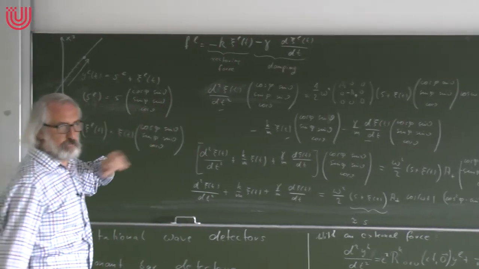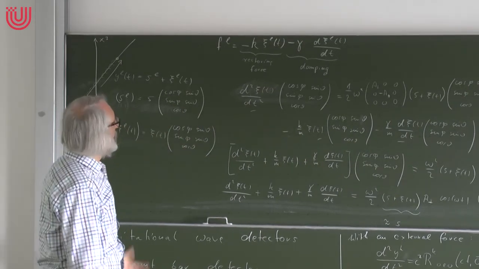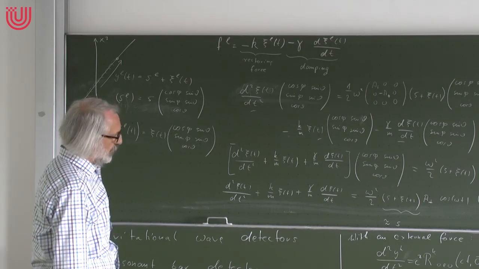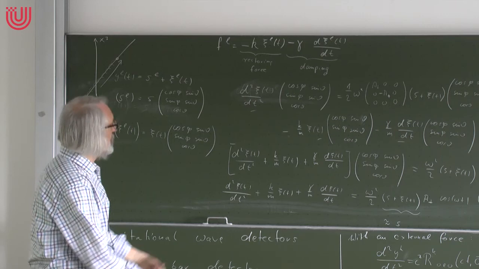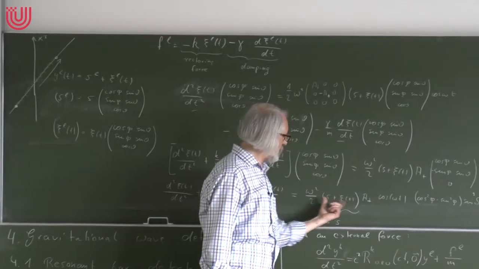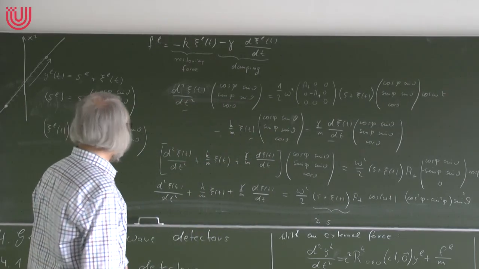Hooke's law is not a general law of nature like Newton's second law. It is just an approximative assumption which may be assumed if we have oscillating things with small oscillations. So in agreement with that, we assume that here the psi of t can be ignored. And then we have a nice differential equation.